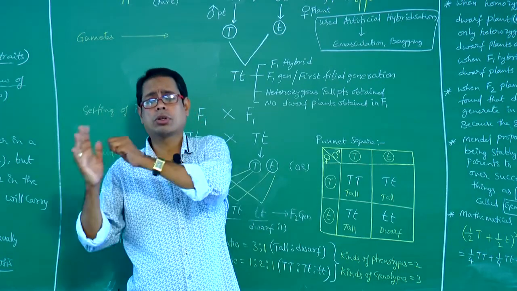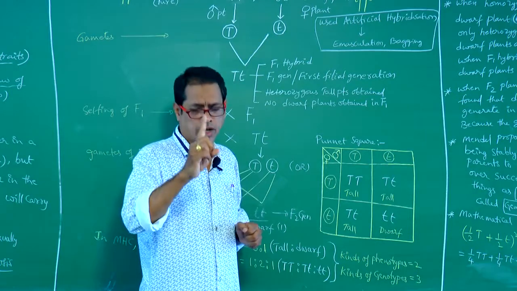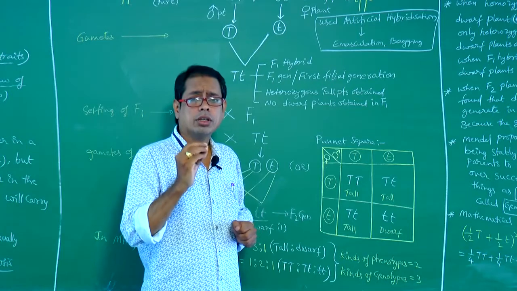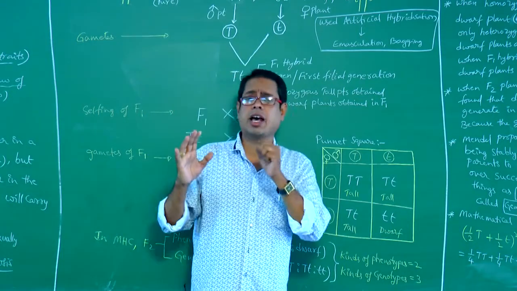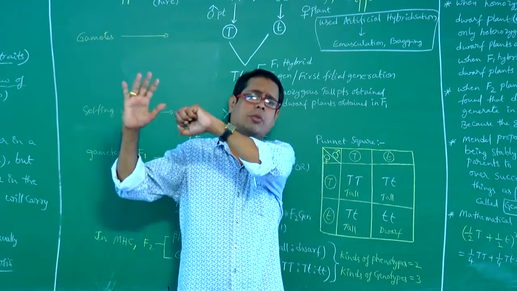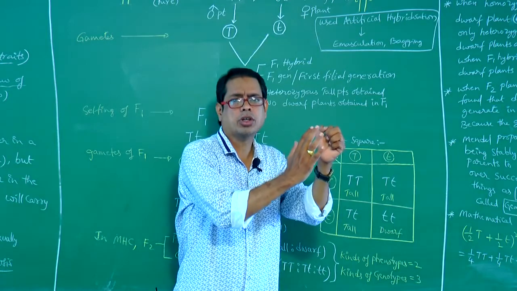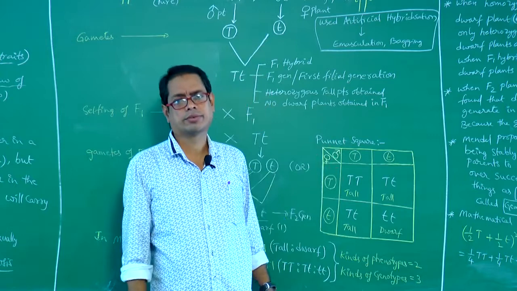Of those 4 total plants, capital T capital T plants is 1, capital T small t plants is 2, small t small t plants is 1. If they ask there are 800 plants, we have to calculate. For 4 plants, tall plants are 3. For 100 plants, how many? Like that we have to calculate.